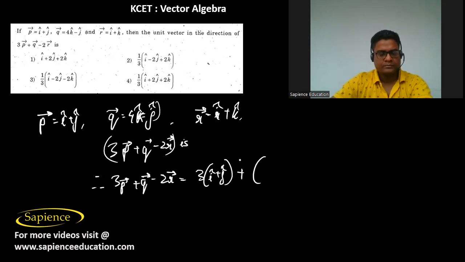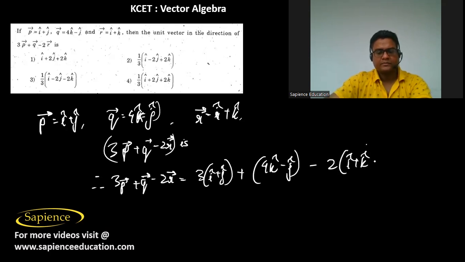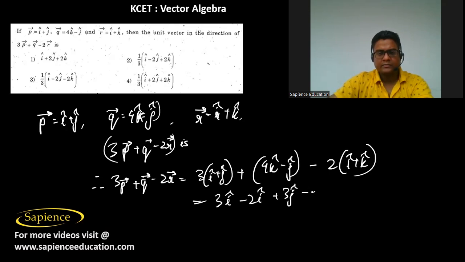3 into i cap plus j cap and plus Q vector, that is 4k cap minus j cap and minus 2R, 2 into i cap plus k cap. So this will be equal to 3 i cap minus 2 i cap plus 3 j cap minus j cap plus 4 k cap minus 2 k cap.